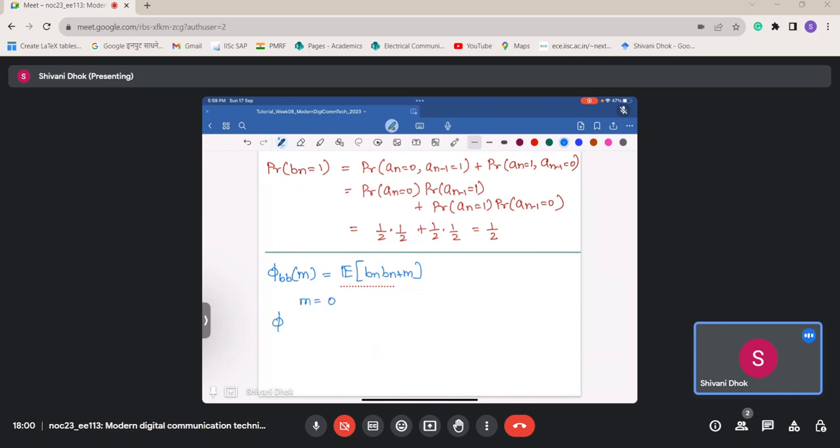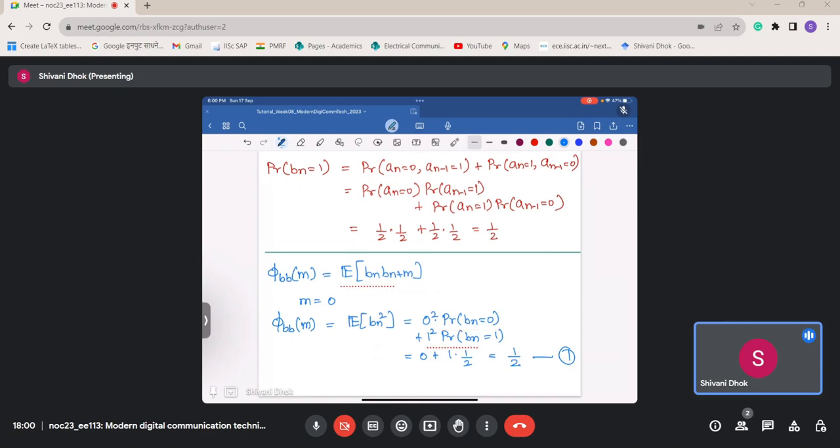So in that case, this phi_BB of m is simply expectation of b_n square, which is equal to 0 square into probability that b_n equal to 0 plus 1 square into probability that b_n equal to 1. So this is 0 plus 1 into 1 by 2, which comes out to be 1 by 2. So this is the first thing that we have obtained here.